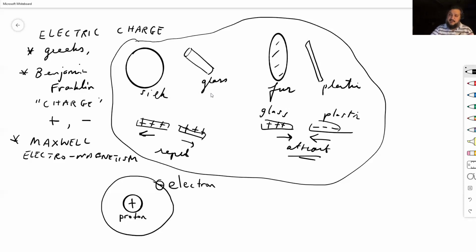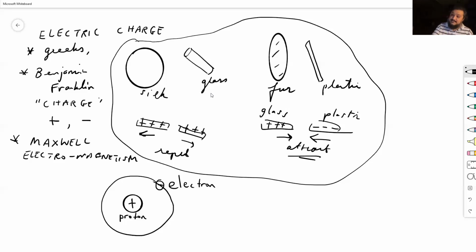But by rubbing the glass against silk, you took some of the electrons from the glass and transferred them to the silk. So you are left with an excess number of protons, or positive charges, on the glass. That's what makes it a positively charged object.